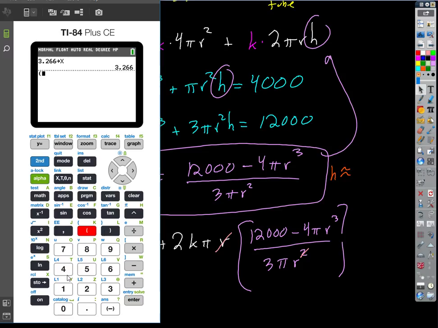So quantity 12,000 minus 4 times... wow.